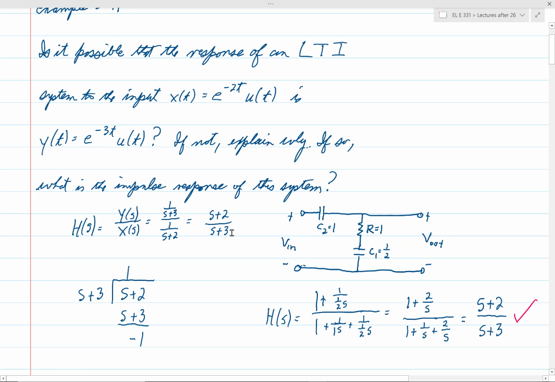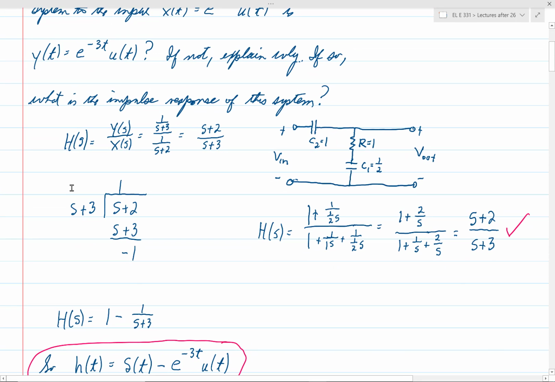If you proceed to try to find the corresponding impulse response, which is simply the inverse of this Laplace transform, the first problem you see is that the degree of the numerator is not strictly less than the degree of the denominator. In fact, the degrees are equal.